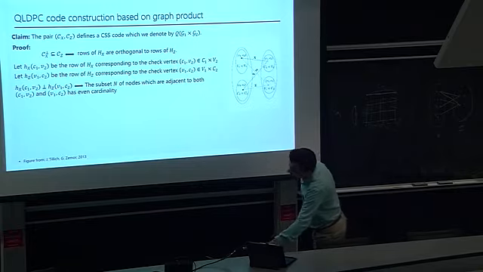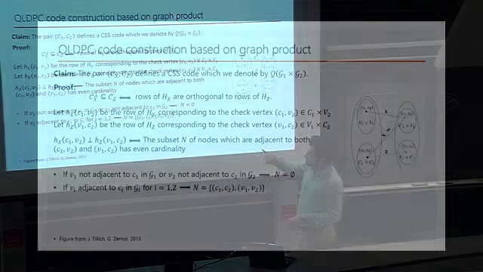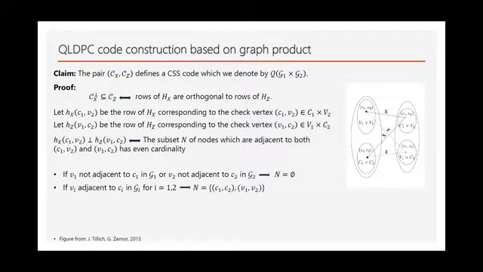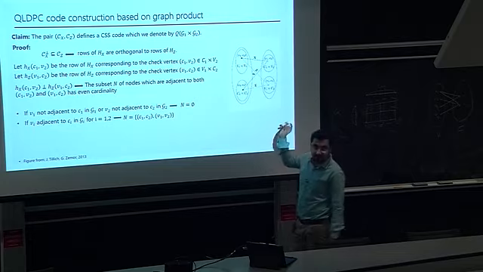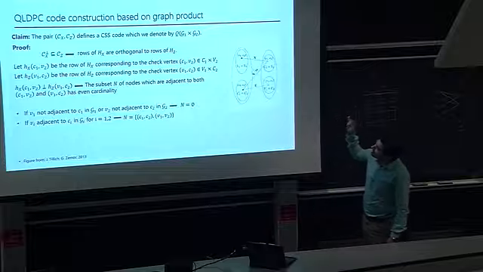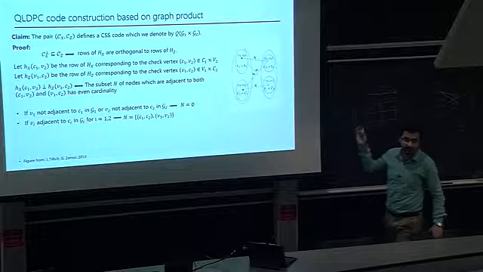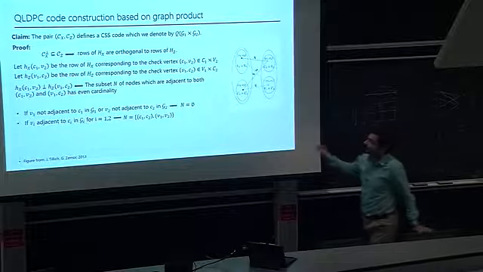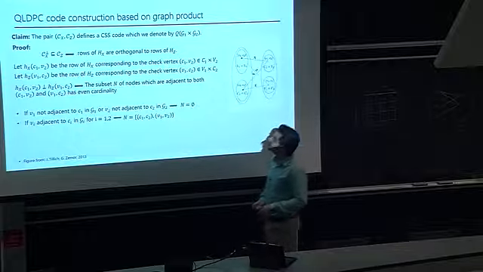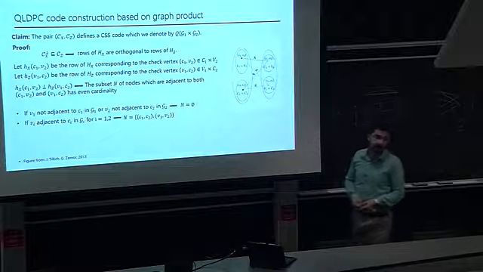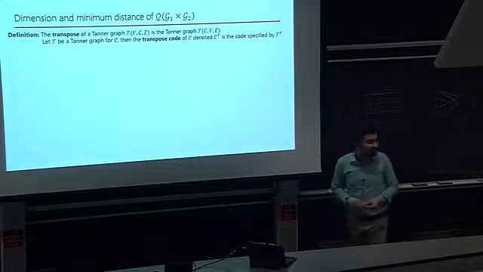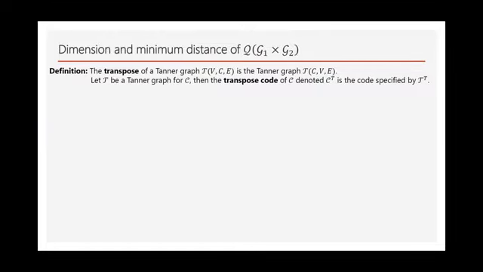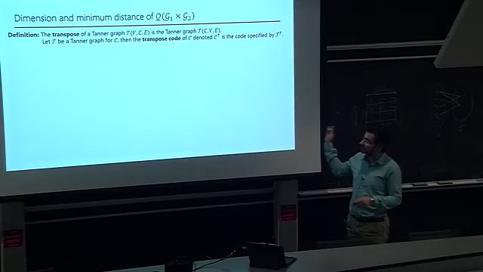If V1 is not adjacent to C1 or V2 is not adjacent to C2, then the neighbor set is empty. If that's not the case, so V1, C1 and V2, C2 are edges in G1 and G2, then the neighbor set is exactly this set. And so it's the 4 cycle that I talked about earlier. Okay, that's all I wanted to say about the proof.